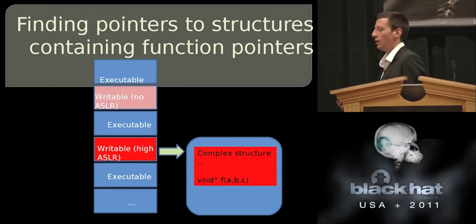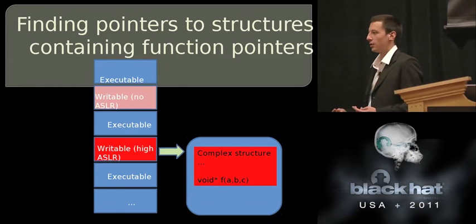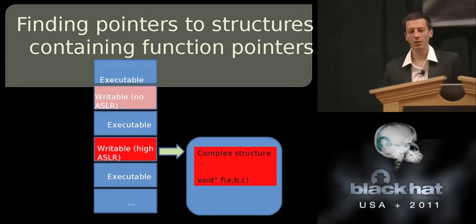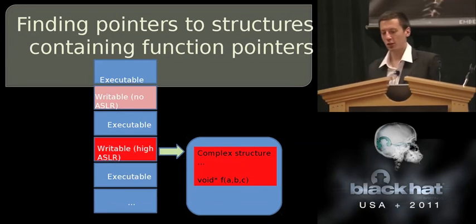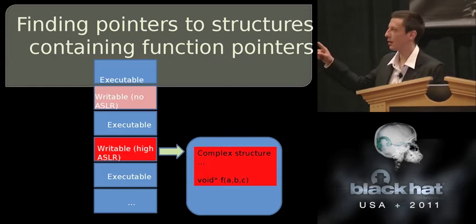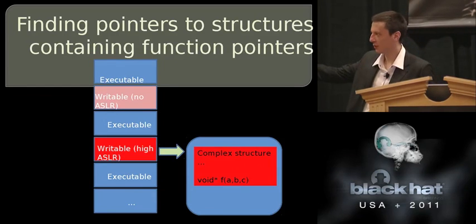Technically, it's going to be tough to exploit because every time I rerun the binary, the mapping is going to be different, and my function pointer is going to be at a different location. But if this function pointer is actually inside a structure, and in the writable section which has no ASLR there is a pointer to this structure, what I can try to hijack is not the function pointer in the shared library directly, but create a fixed structure entirely.